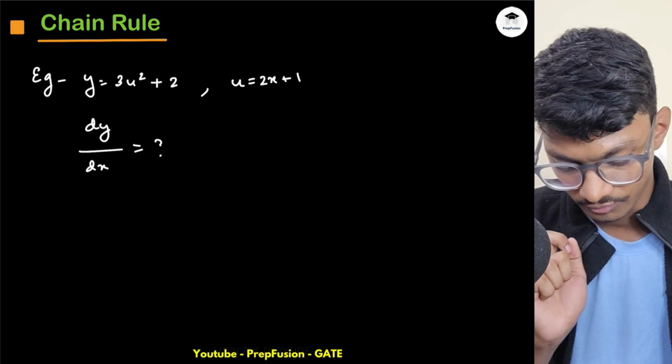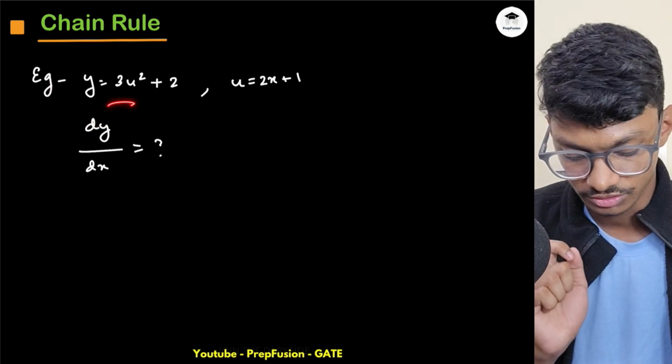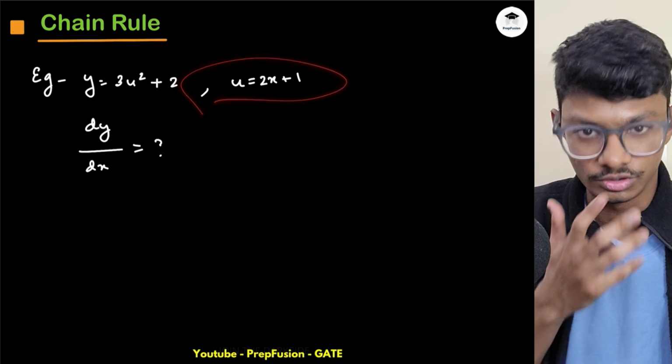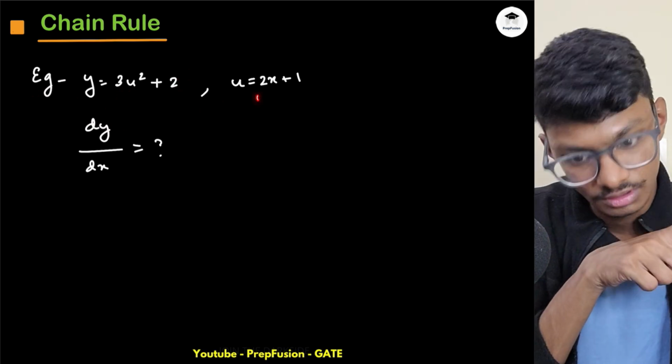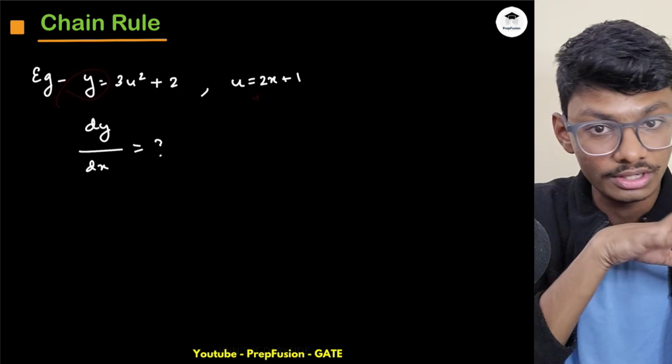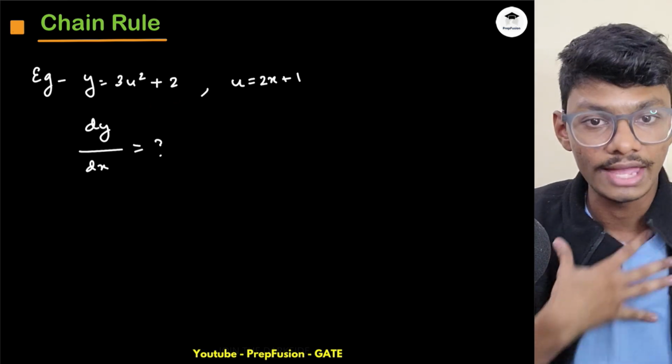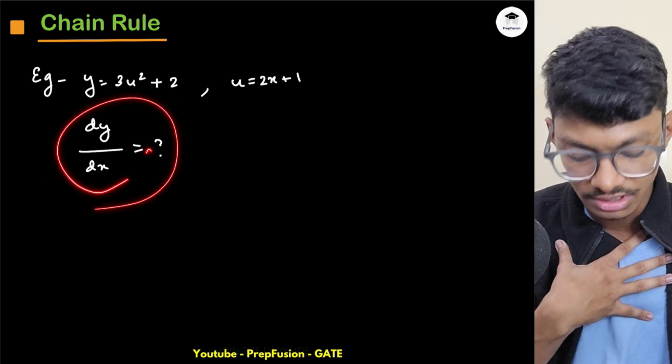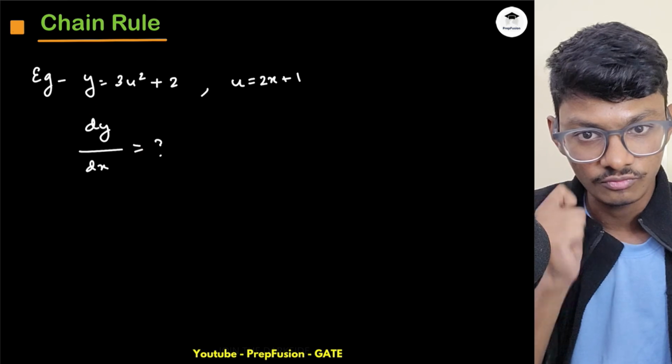So we have been given this function y equals 3u square plus 2 and u equals 2x plus 1. So this u is a function of x. This y is not directly a function of x, but what I am interested in is dy upon dx, the differentiation of y with respect to x.